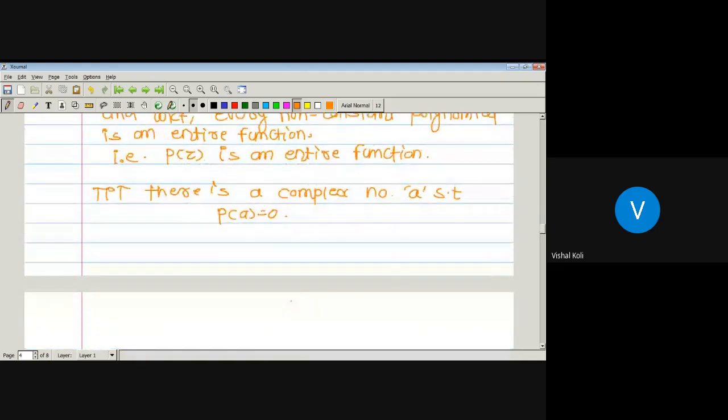If possible, let us assume the contradiction that there is no complex number A for which P of A will be equal to 0. It means P of Z is not equal to 0 for any value of Z. So assume the contradiction that P of Z has no root in the complex number system.